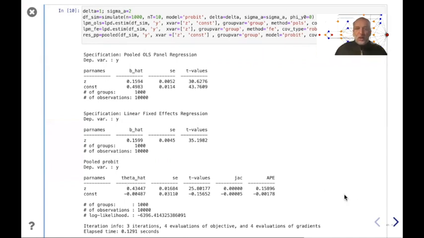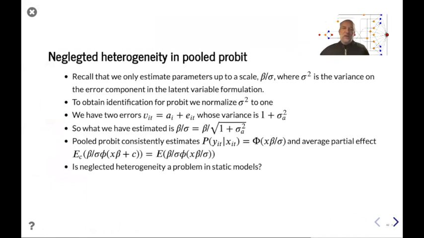So what is going on? Well, recall that we only estimate parameters up to a scale. So that scale would be sigma, the variance of the error component in the latent variable formulation. To obtain identification for probit, what we do is we normalize that sigma squared to 1.